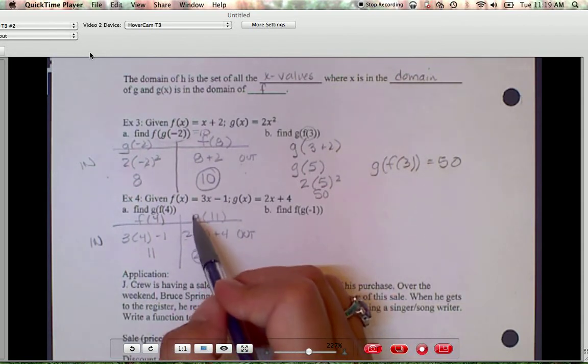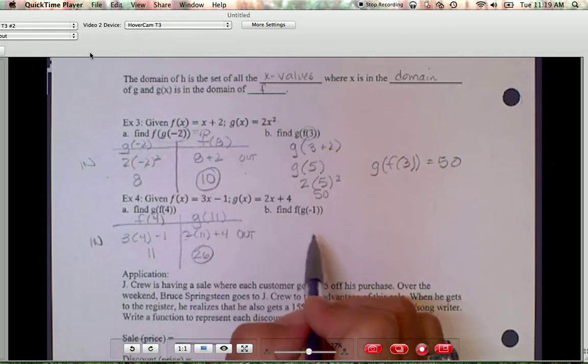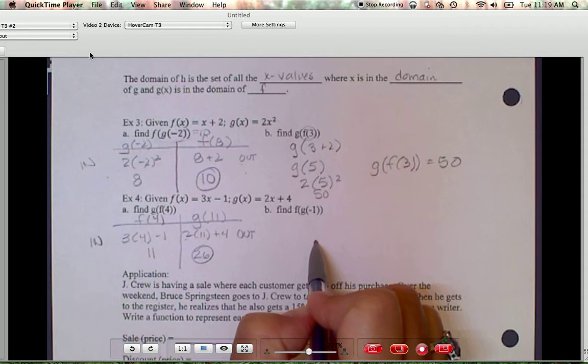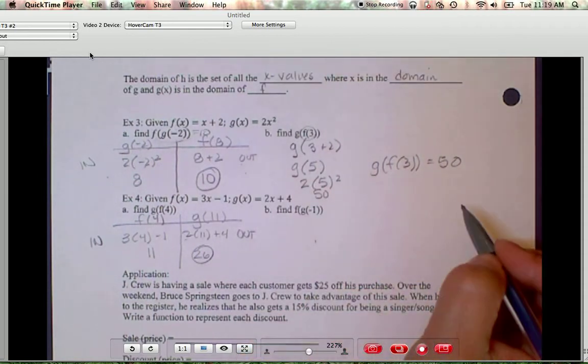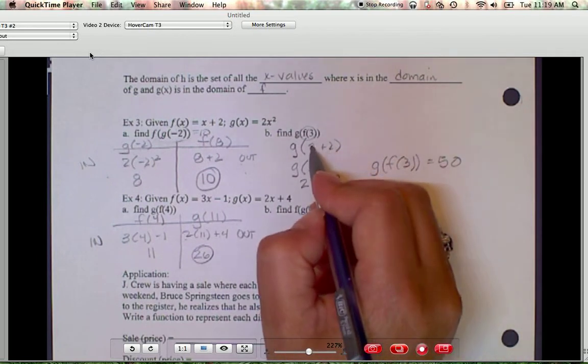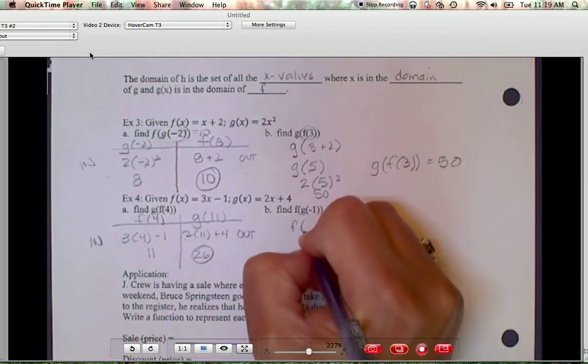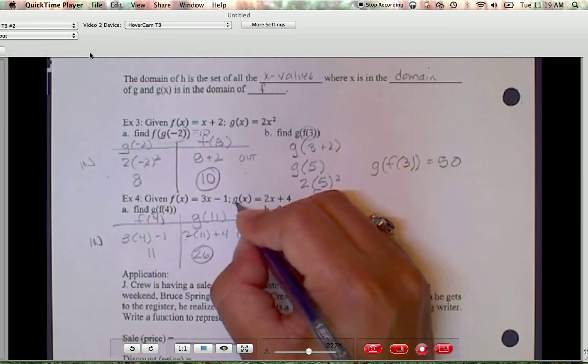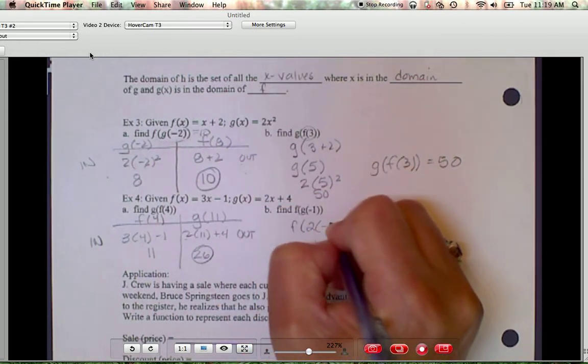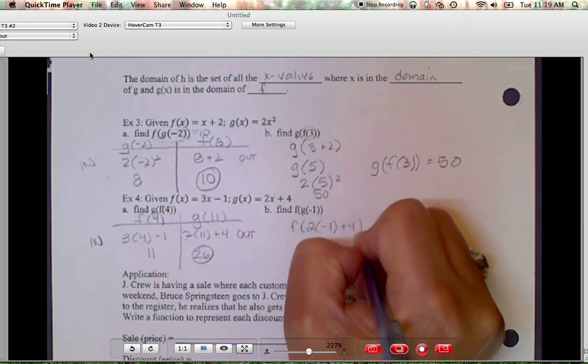Now, I want you to push pause and try B without looking first, okay? Give B a try and then check your answer. So I'll do it this way this time. So f of g of negative 1. Now g of negative 1 would be 2 times negative 1 plus 4.